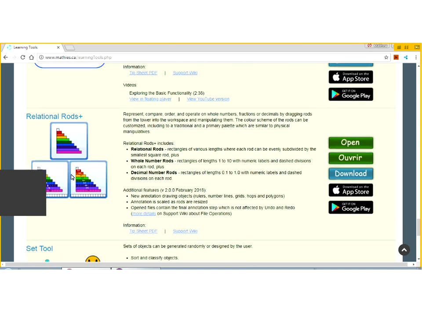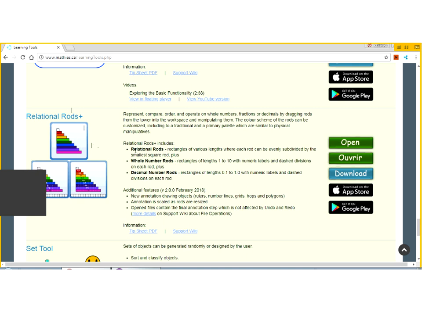We also have the relational rods, which are sometimes called Cuisenaire rods when they're that brand. So they are right here as well. Very useful tool. My most popular tweet last week was about Cuisenaire rods. So there's a lot of them dusty sitting on shelves. They look exactly like as pictured in relational rods, and they're a very powerful tool for fractions.